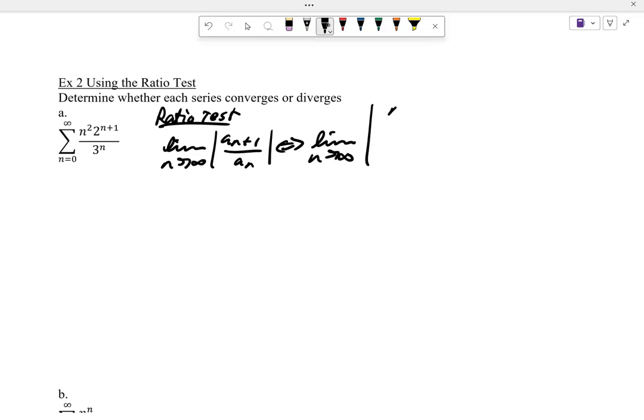So we got n plus 1 squared, 2 to the n plus 1, over 3. Oops, that's a 3 to the n plus 1. And this is all over the original nth term.